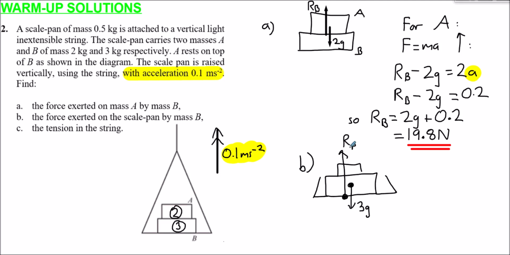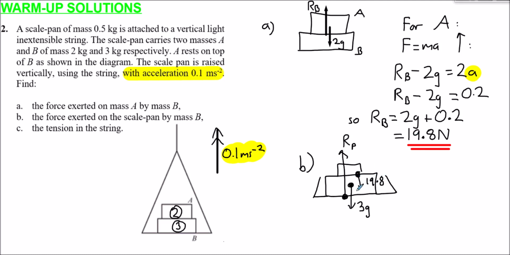And as well, from part A, we found that there's a force exerted on mass A from B of 19.8 newtons. By Newton's second law, that also means that box A will exert that force equal and in the opposite direction onto particle or box B. So there'll be a force going down as well of that 19.8 newtons, which B is pushing up onto A. A reaction has an opposite reaction, as it were.